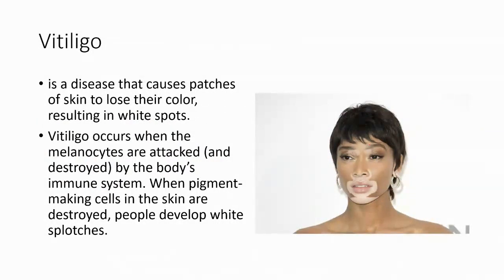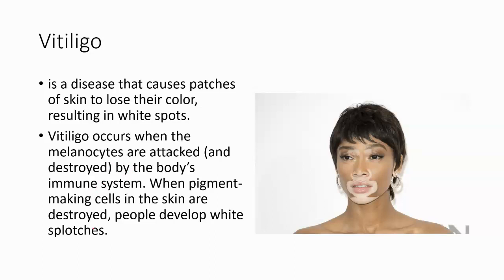This right here is called vitiligo. It's a disease that causes patches of the skin to lose their color, and the pigment making cells, which are melanocytes. So vitiligo occurs when melanocytes, these are the cells that make our pigment, are attacked and destroyed by the body's autoimmune system, or immune system, which is an autoimmune disorder.